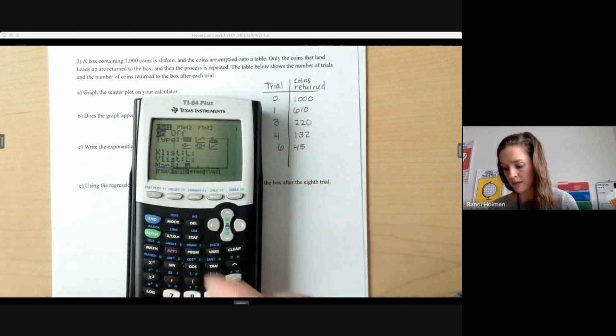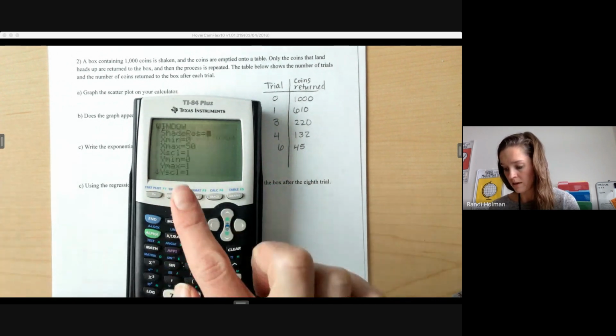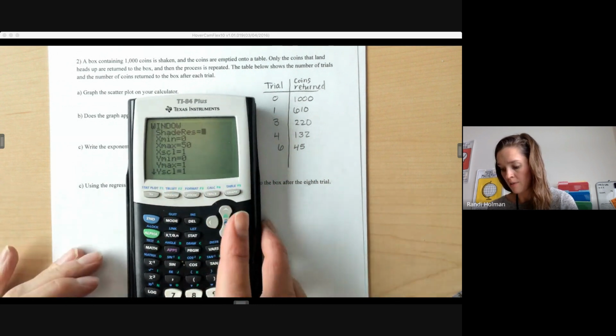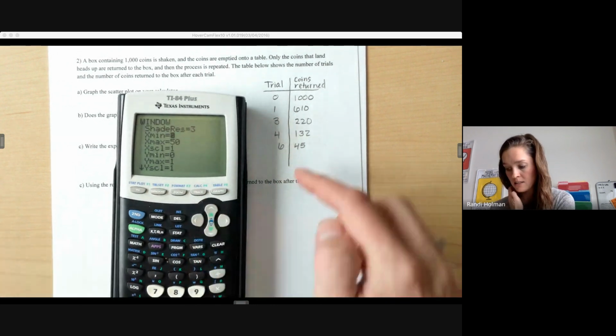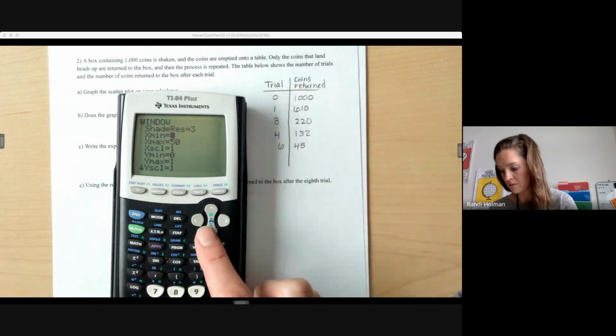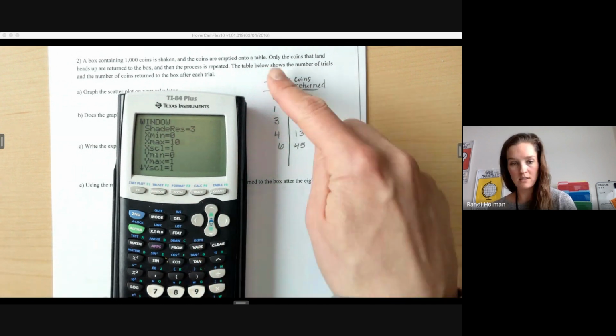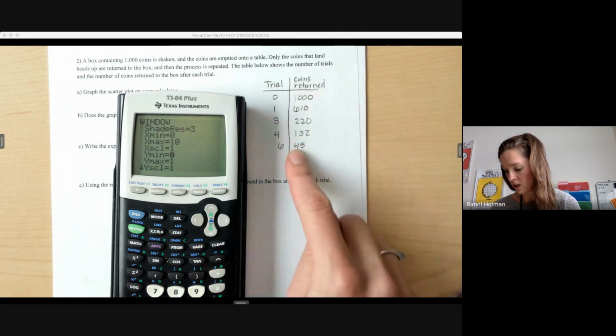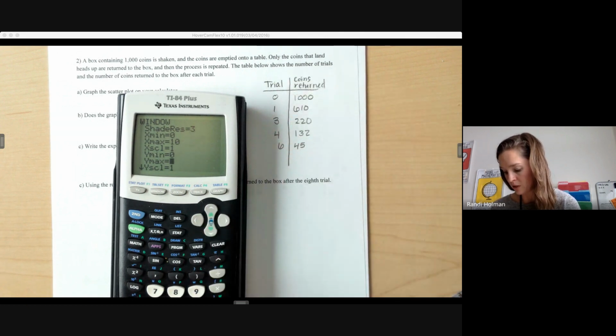So I'm going to go to Window and change our X-min, X-max to match our trials here. So I'm going to go from 0 to 10 because that fits our values there. And then our Y-min, Y-max to match here. So I'm going to go from 0 up to 1,000.